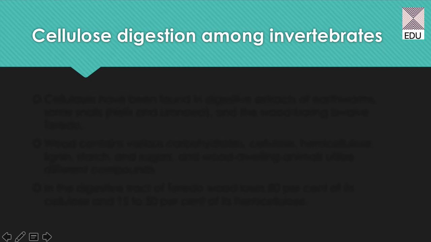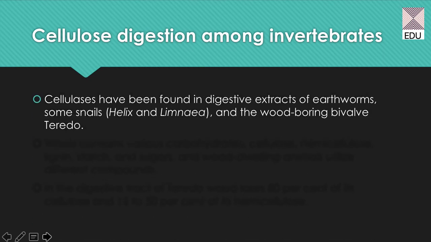Now we will take some examples of invertebrates which are known for their cellulose digestion. So let us start with it. The very first example that I am quoting is that cellulases have been found in the digestive extracts of earthworms and some snails also.